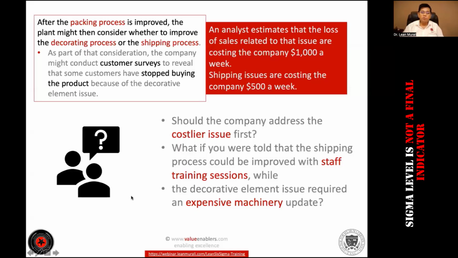So what would you improve first, the shipping issue or the decorative element issue? If it is the shipping process, you can type SP. If it is the decorating process, you can type DP. Let's see. Most of you are typing SP because the decorative portion requires expensive machinery. So cost is also a consideration.